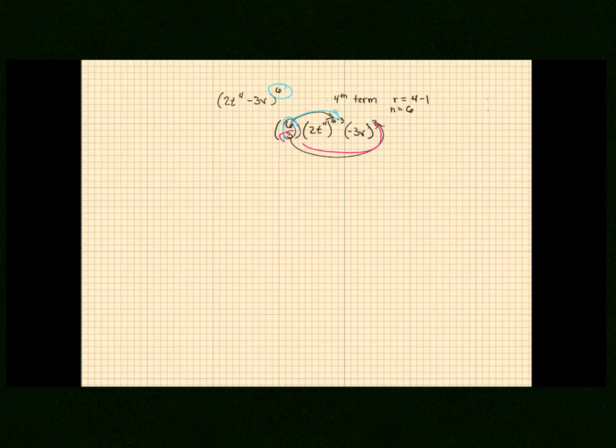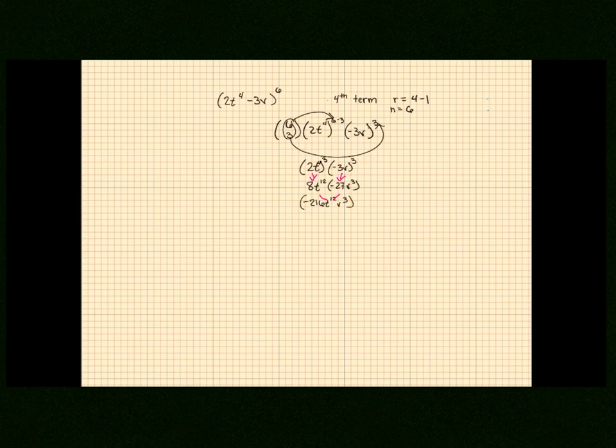Okay, so now we're just going to simplify this. 2t to the 4th, all to the 3rd power, times negative 3v to the 3rd power. Let's simplify this down. So we've got 8t to the 12th times negative 27v cubed. And when we multiply that, we're going to have negative 216t to the 12th v cubed.